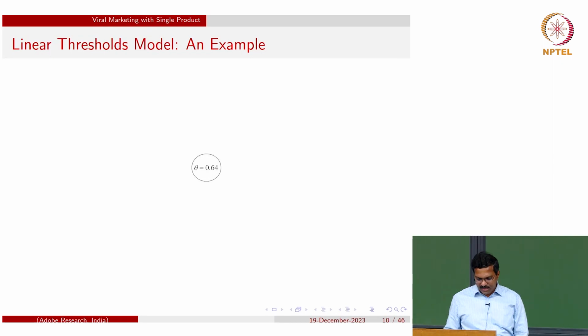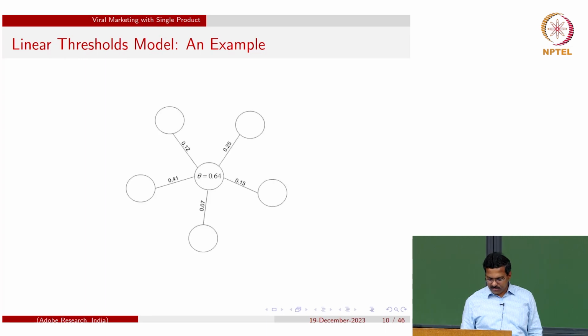So, consider a particular individual, this circle, and this individual has 5 neighbors, and this individual is influenced by each of these 5 individuals possibly differently, because some of the friends can be really impactful in terms of influencing him, and some of them are not so impactful. So the fraction of influence of the neighbors over this individual is mentioned here.